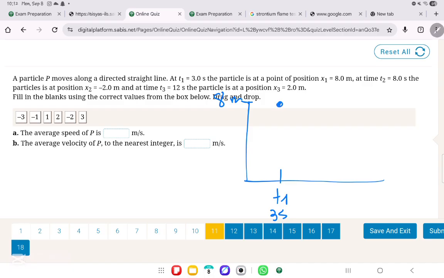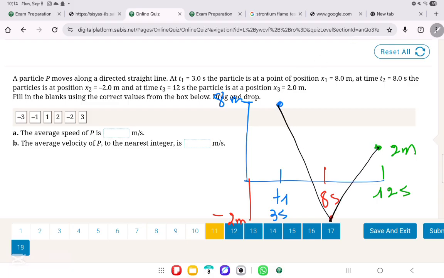It goes to negative 2 meters. So this is minus 2 meters. Then, at the final time, which is 12 seconds, the particle goes back to 2 meters. So this is what it looks like. Let us connect the points. This is what our graph looks like.